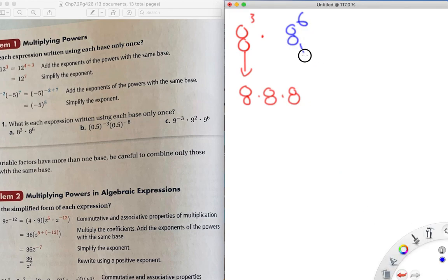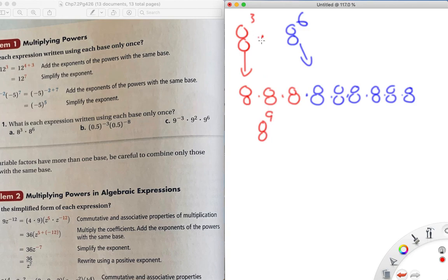If we were to expand this one out, it would be 1, 2, 3, 4, 5, 6. So we have 3 eighths here, and 6 eighths here, and I have a total number of 9. I have 9 eighths, or 8 raised to the 9 power.